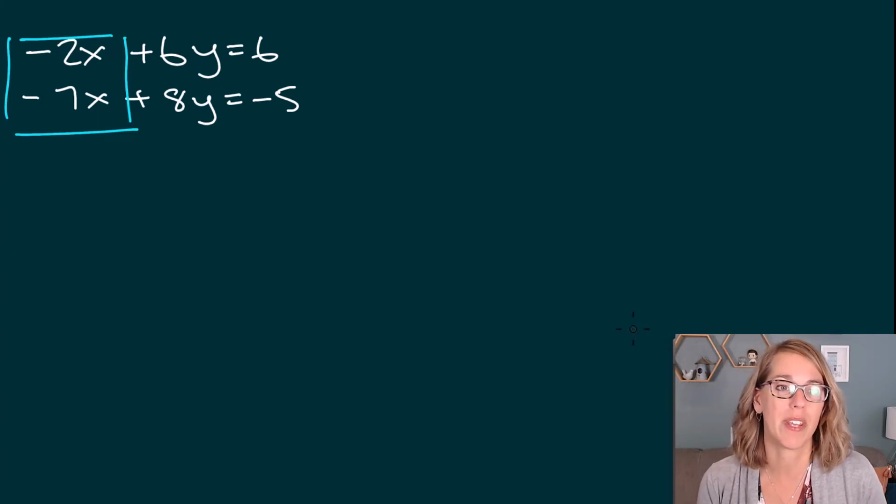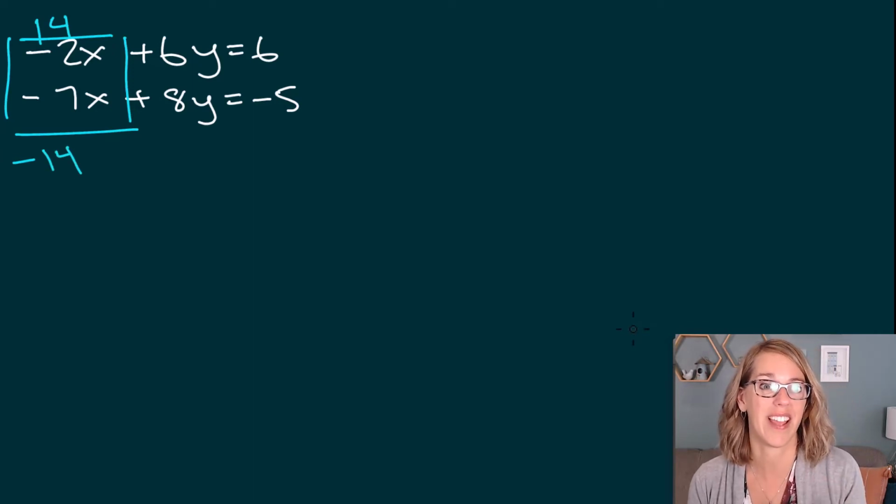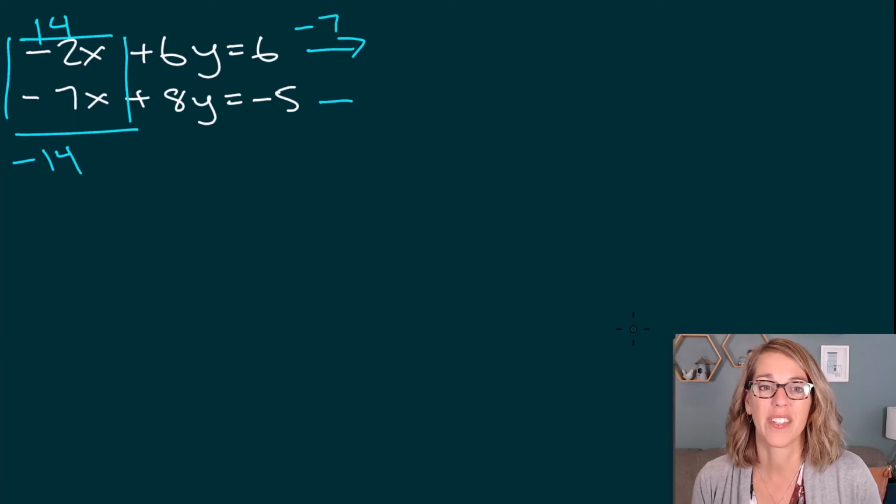So my goal is going to be a 14 for the x, and let's do a -14 for the second x. So I'm going to keep track of what I'm multiplying by. For that first equation, to get from -2 to 14, I need to multiply by a -7. For the second equation, to get from a -7 to a -14, I'm going to multiply by 2.